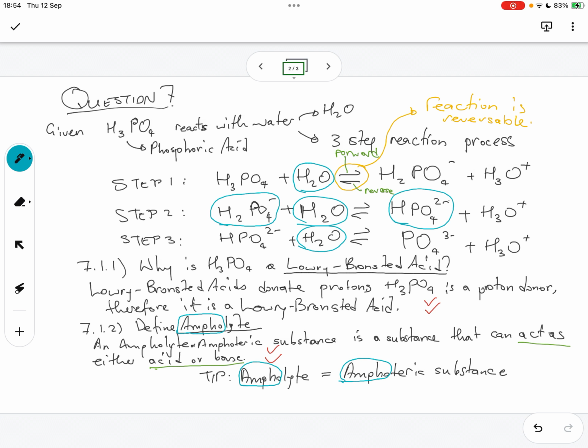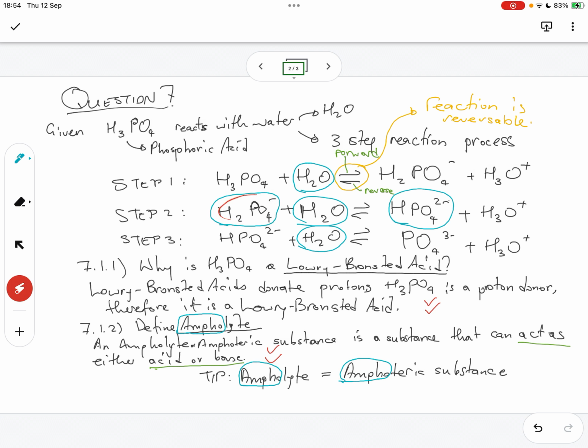It's correct because in this direction from right to left, this one, HPO4, receives a proton from this one to give us H2O and H2PO4. Then if this one receives a proton, then it acts as a base.